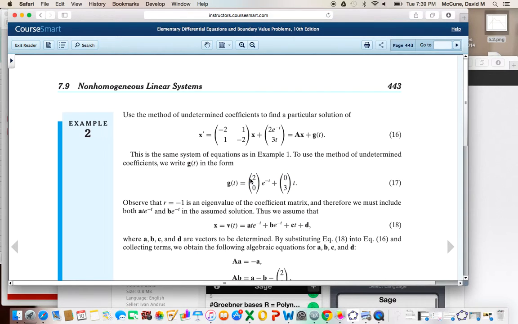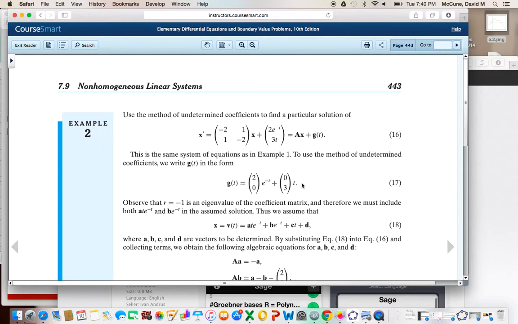They write it as a column vector times e to the negative t, where you have 0 in the bottom, to keep track of the fact that e to the negative t only shows up in the top row. And then a constant column vector times t, where there's a 0 up top now to keep track of the fact that t only appears in the bottom row. So they call this g of t, and they break it into a sum involving an e to the negative t and a t.